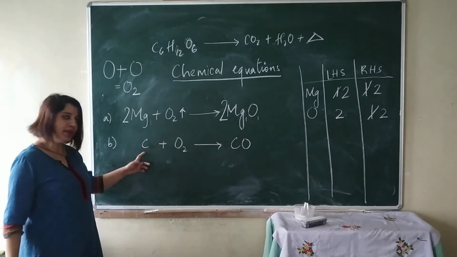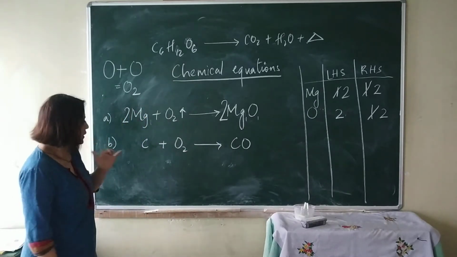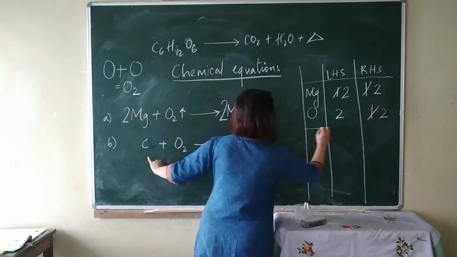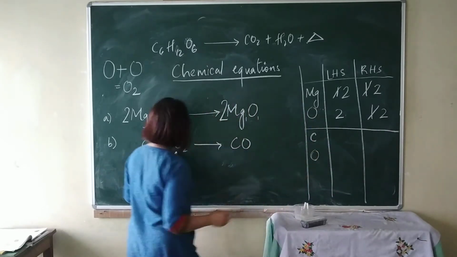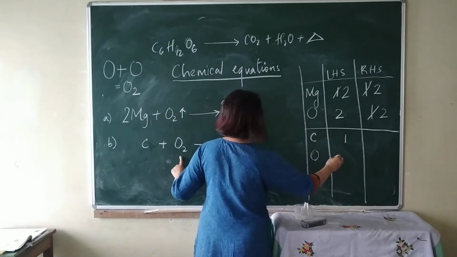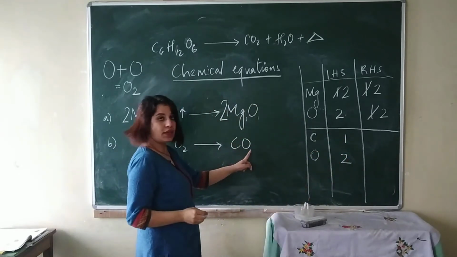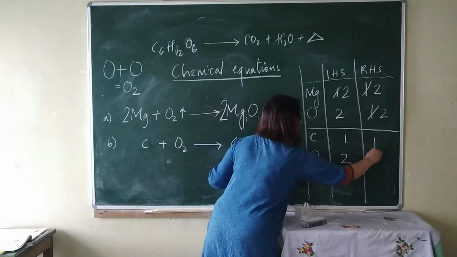Okay, carbon plus oxygen gives carbon monoxide. Carbon, nothing is written means 1, oxygen 2, here nothing is written, then it's 1.